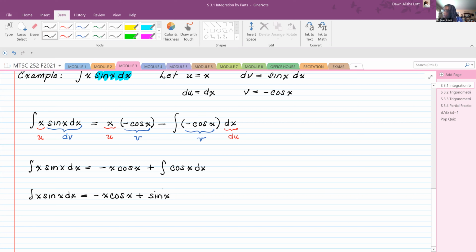And because this is the most general antiderivative, I add plus C. And we are done.